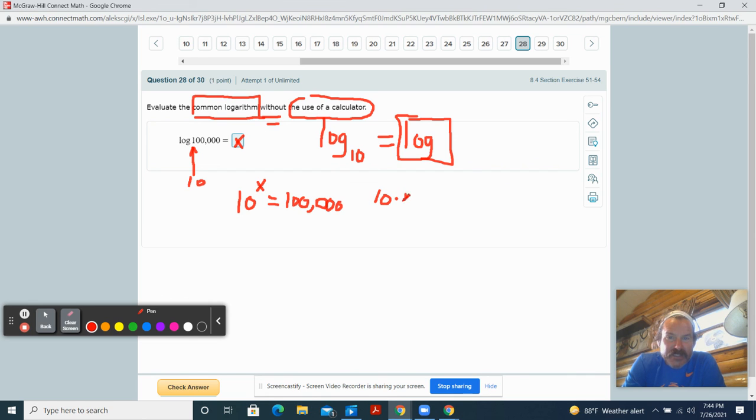Well, let's see. 10 times 10 is 100. 10 times 10 times 10, 3 times, is 1,000. So all we have to do is really count the zeros. How many zeros? 1, 2, 3, 4, 5. So there's 5 zeros, so the answer would be 5. The log base 10, which you don't see because it's a common log, the log base 10 of 100,000 is equal to 5.